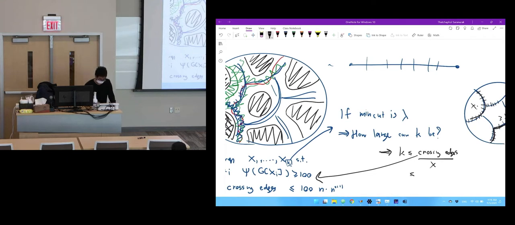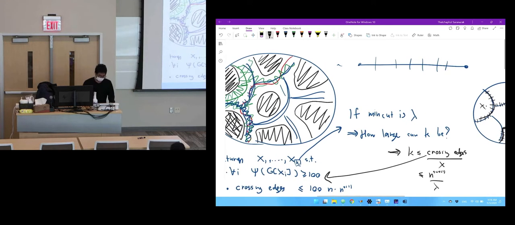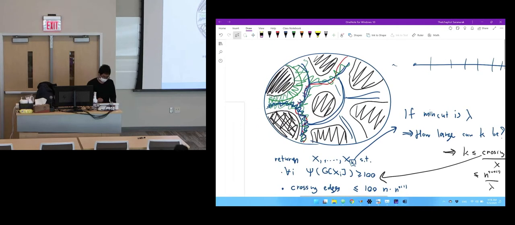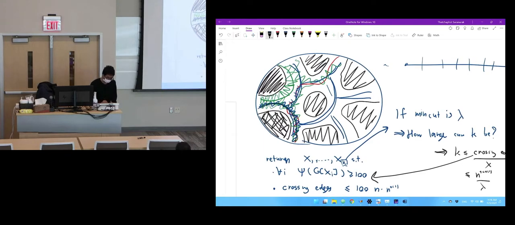So in this case, it's just something like this much over lambda. Okay, thanks. So now we know that not too many components are there, actually.